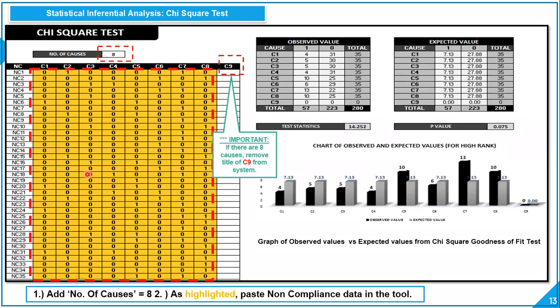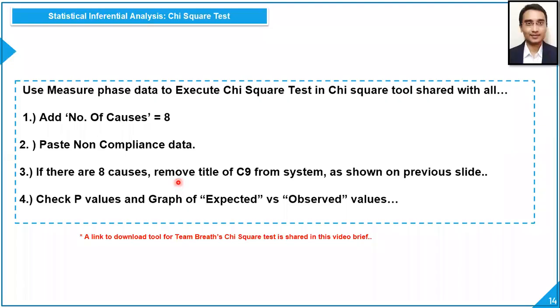So we already pasted the data, we added the number of causes as 8, and we have removed the title of C9 over here. That's what we did. So let's go to the next slide. Let's recap what we did in the chi-square tool. Use measure phase data to execute the chi-square test in the chi-square tool shared with you all.